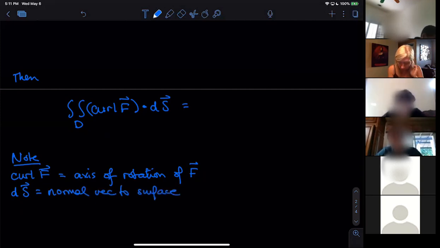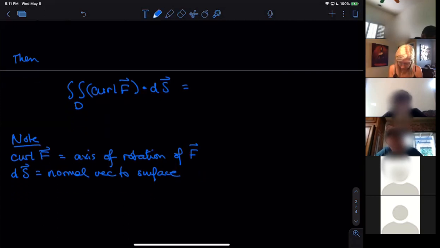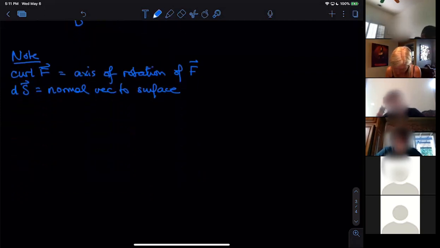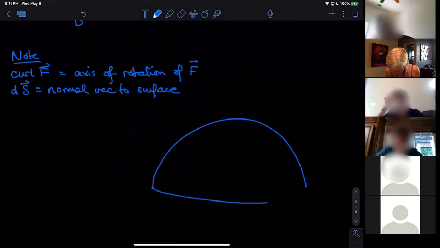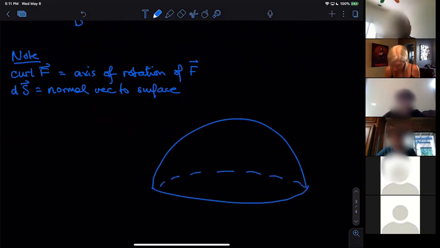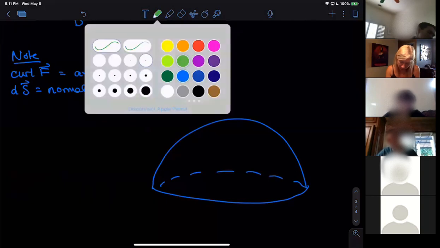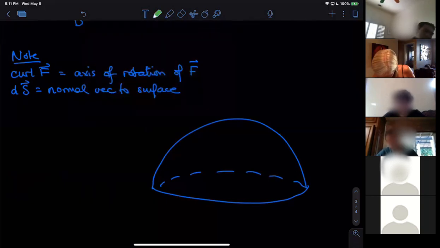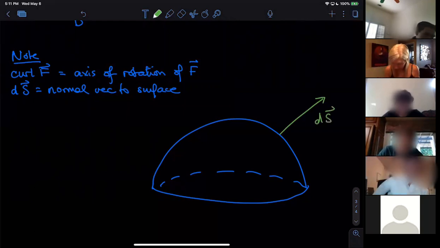And look at this, what I'm doing here is taking the dot product of the curl vector with the normal vector to the surface. Let's try to imagine what that could look like. So I'm going to draw a hemisphere. At some point here, here's the normal vector to the surface. So this is going to be dS. Here's our surface S. Oh, I guess we're calling our surface D now. There's the normal vector to the surface at that point.